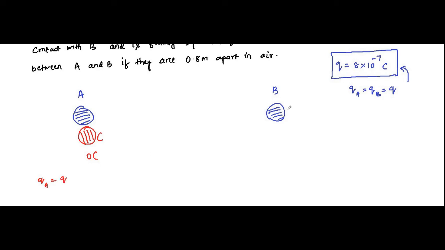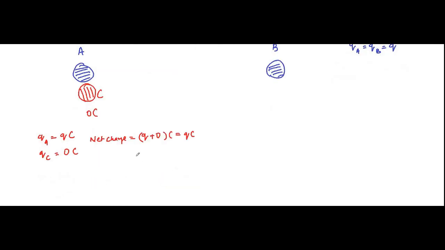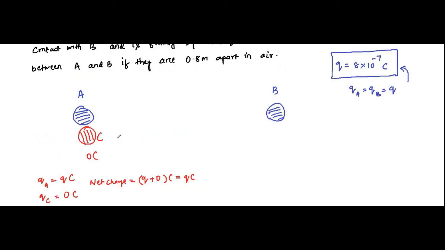Initially charge on A is Q, okay, which is this. For now you just take it as Q. Charge on C is 0. This is Q coulomb, this is 0 coulomb. Total charge, net charge is Q plus 0 coulomb, which is equal to Q coulomb.